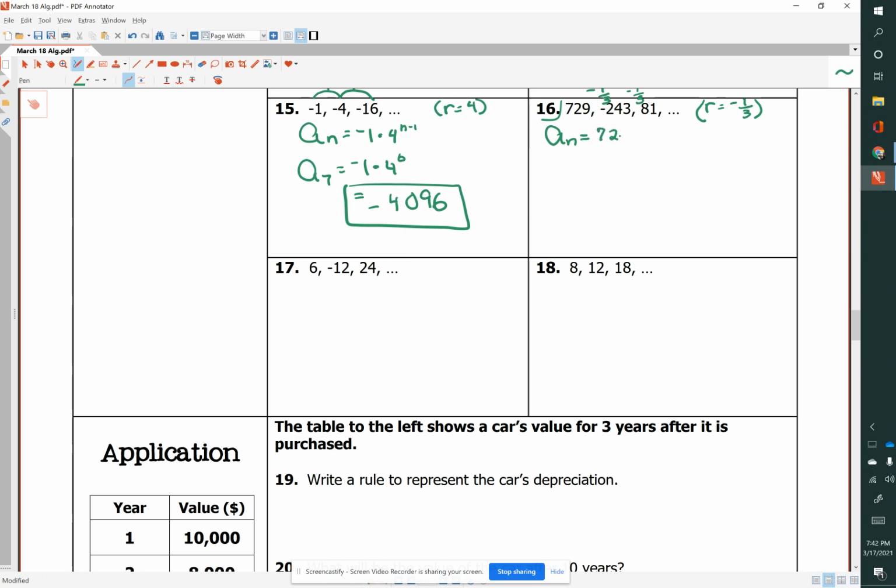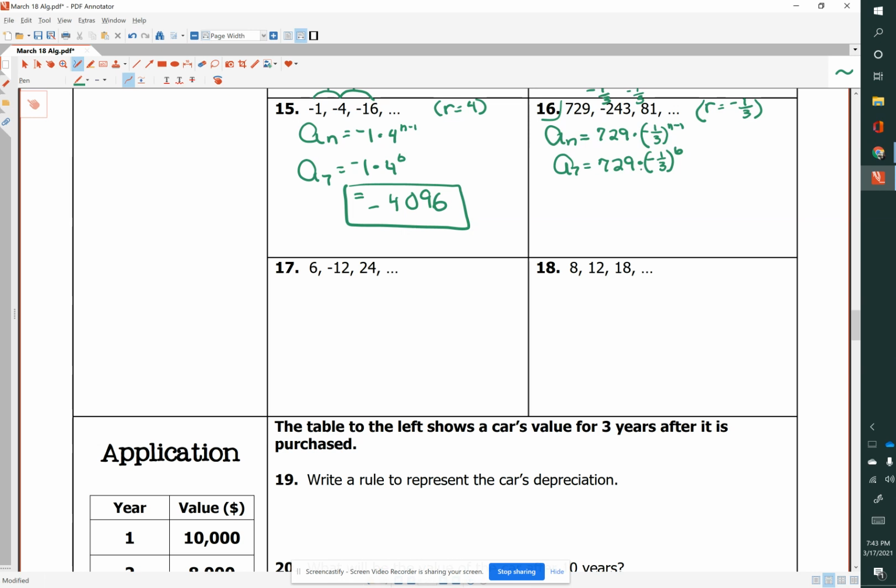So A sub n equals 729, our first term, times the common ratio of -1/3, and we'll raise that to the n minus 1 power, and that will be A sub 7, to find the 7th term. 729 times -1/3 to the 7 minus 1, or 6th power.